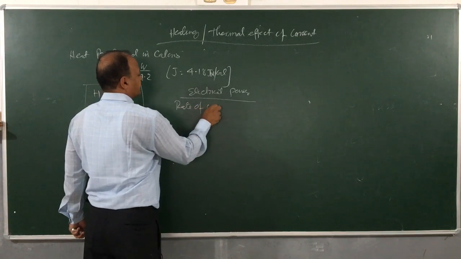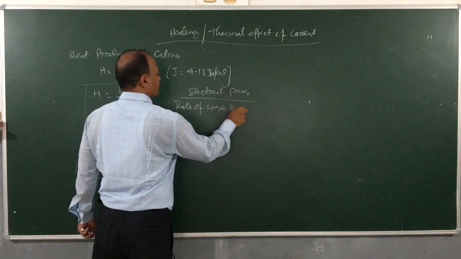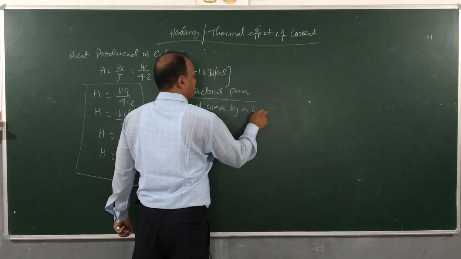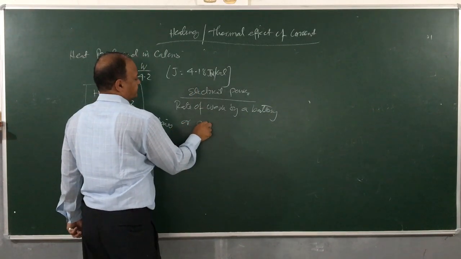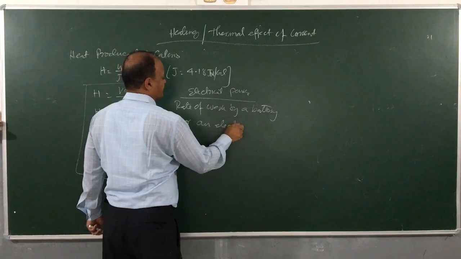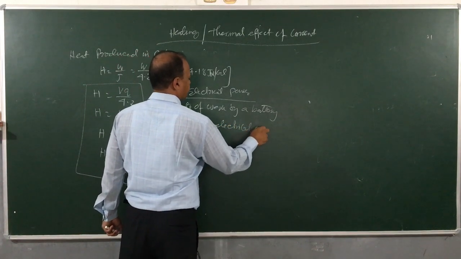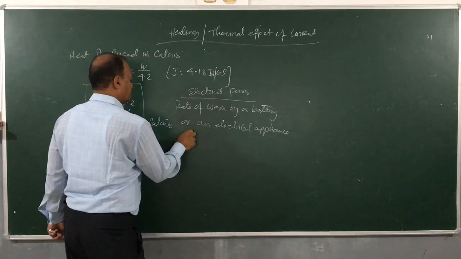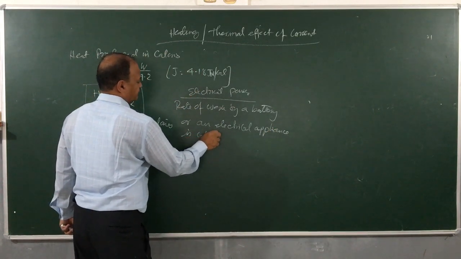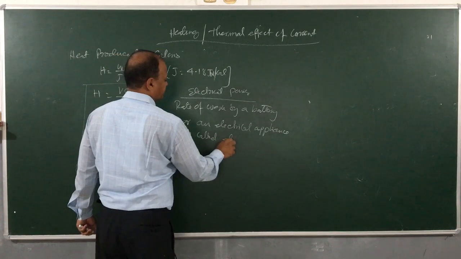Rate of work done by a battery or an electrical appliance is called electrical power.